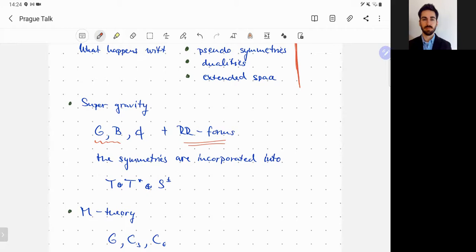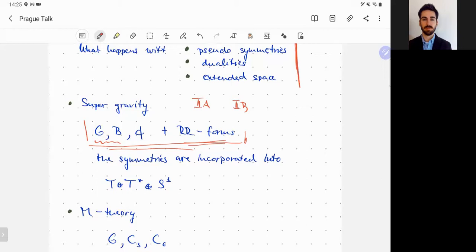They all form the bosonic field content of the 10D supergravity. You might know that there are 2A and 2B models. In the bosonic sector, they differ just by what these RR forms are.